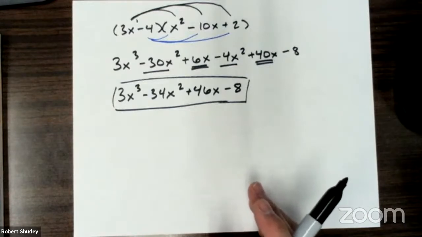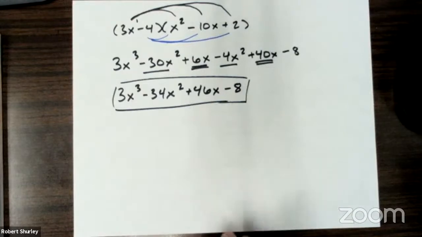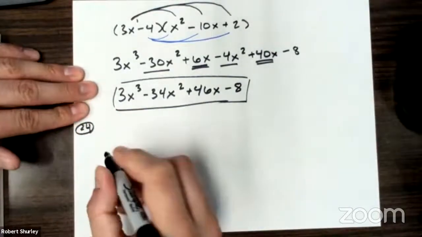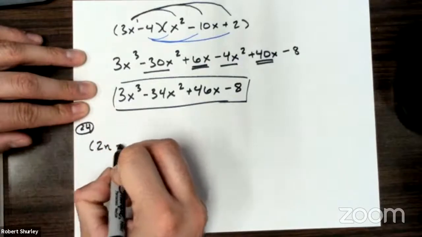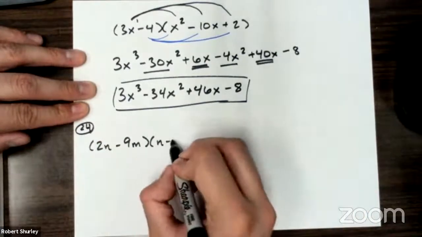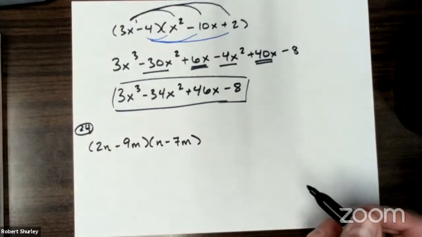So let's look at number 24. Try this one. We've got 2n minus 9m times n minus 7m. Try that one. And then let's do a larger one.